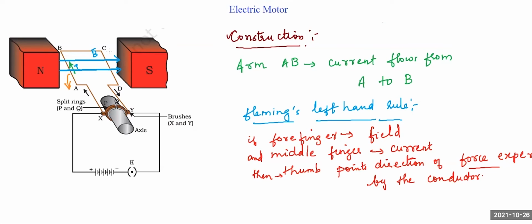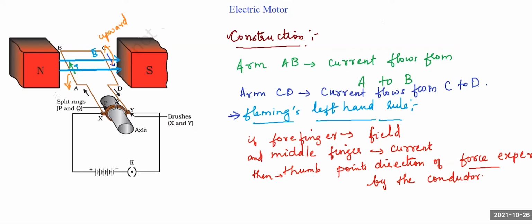In arm CD, the current flows from C to D. Again, if we apply Fleming's left-hand rule, we find that CD will experience an upward force.